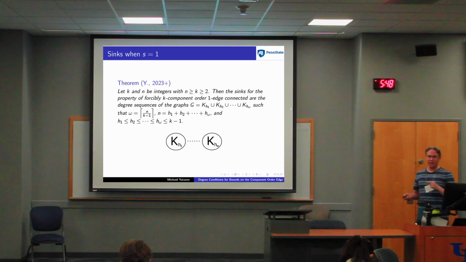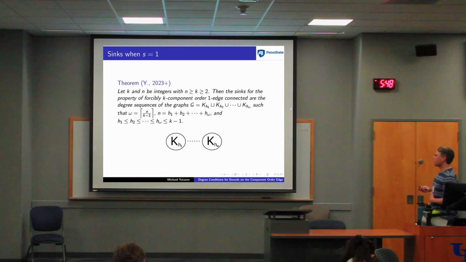That's this omega. That will always guarantee that the sum of the two smallest components, if you add up their vertices, will be K or more. Okay? So these will be edge maximal, not K component order 1 edge connected. They'll be 0 edge connected.